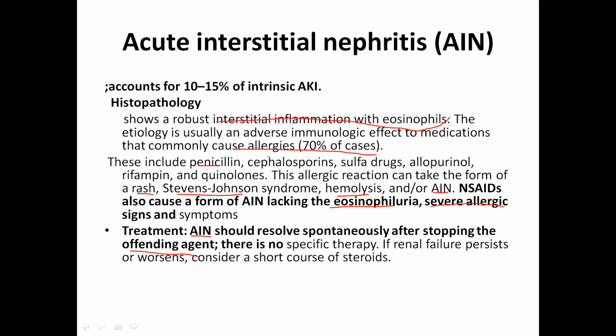For example, if a sulfa drug or cephalosporin can cause this, and you do urinalysis and find eosinophils and WBC casts, you may stop the patient's drug.